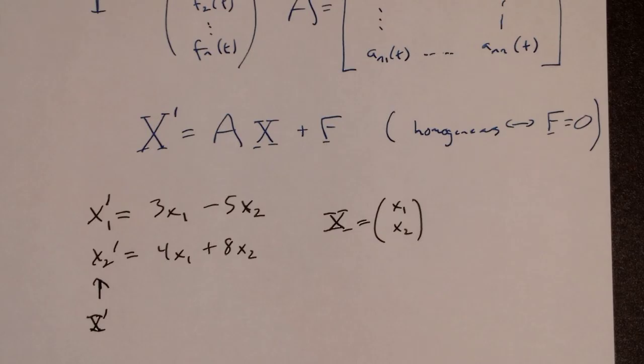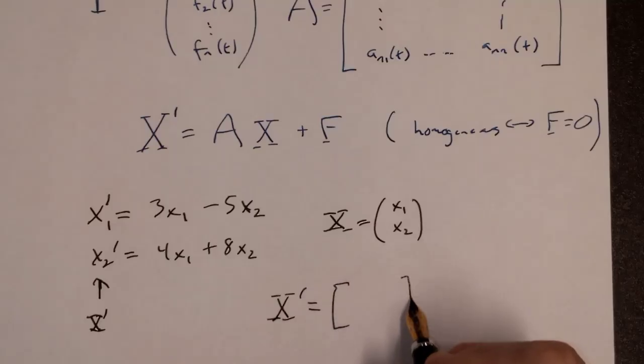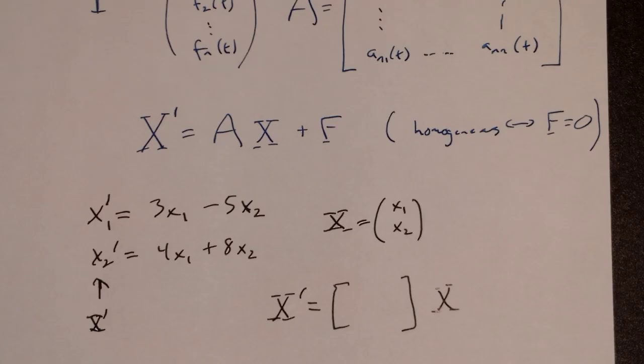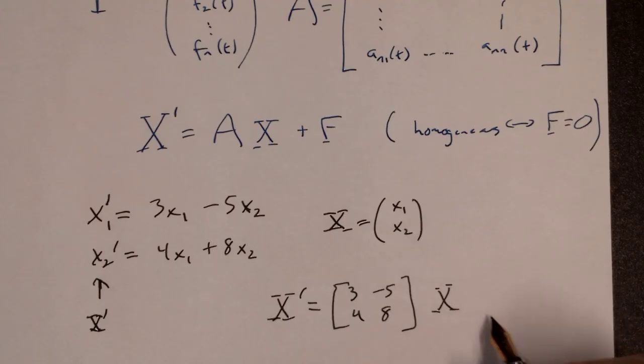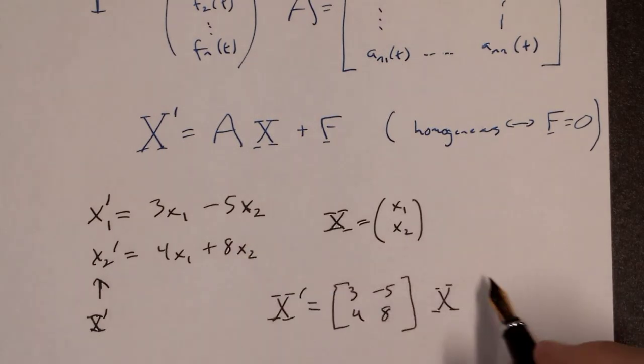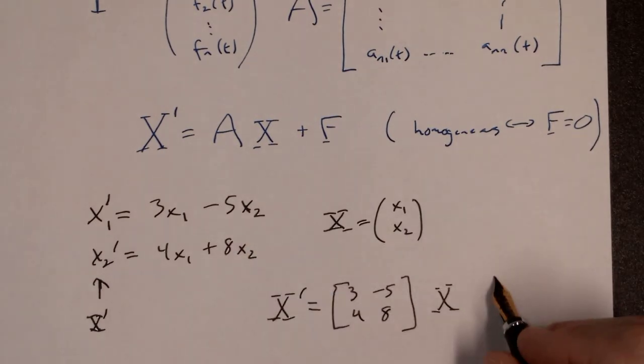What's the matrix A? And F is 0 because there's no terms that are just T to go here on the end. This is homogeneous.